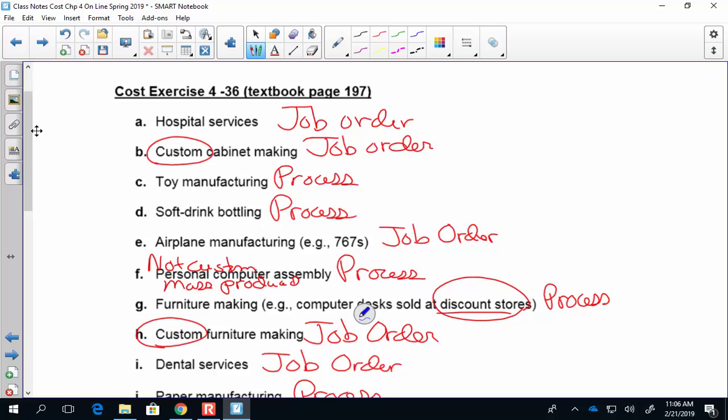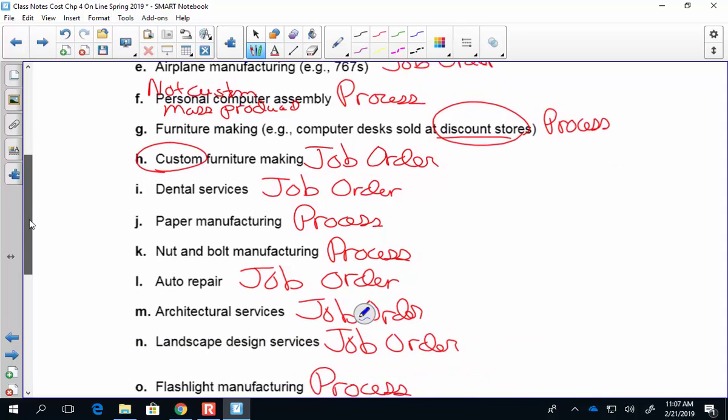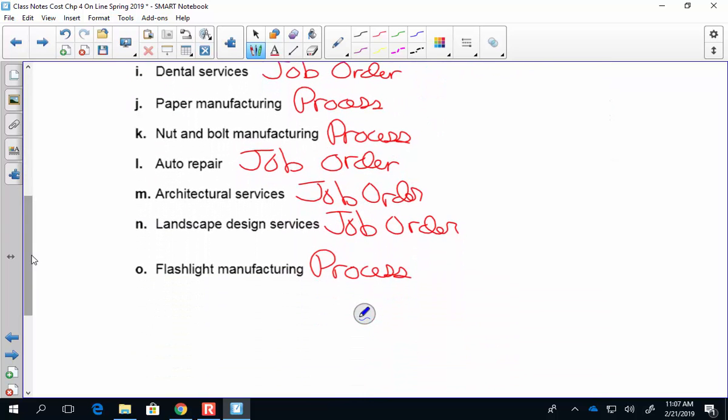You have to identify, based on the industry or company, whether this company would use job order or process order costing. So again, I tried to circle keywords: the discount, the custom, the not so custom type industries. So hopefully this will help you in that process of identifying.